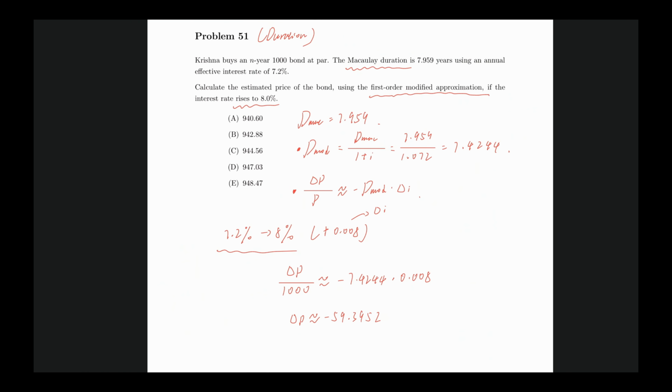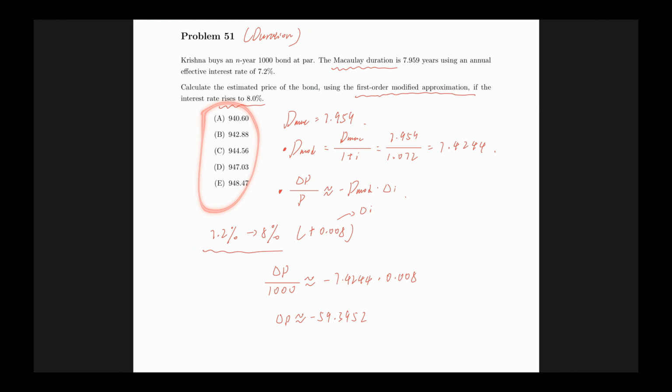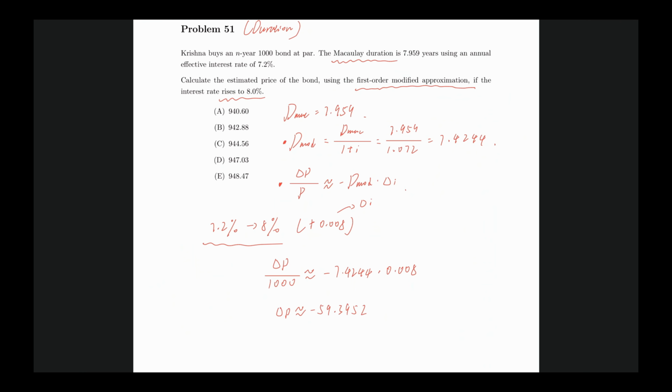And of course, the price is dropping because all the options are less than 1,000. So we just need to find the new price. The new price obviously is going to be the original price minus the amount of dropping, and this is going to be exactly 940.6045. And the answer should be A.